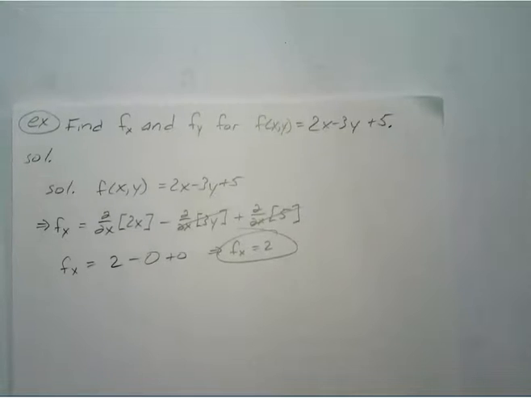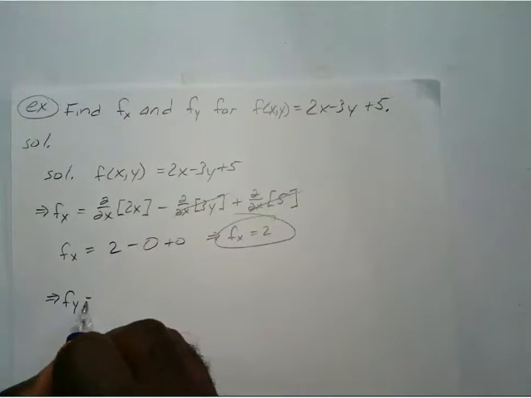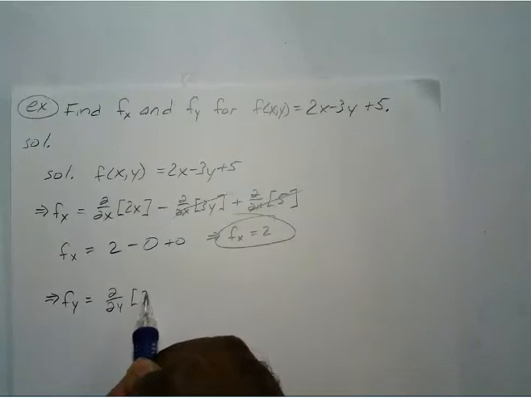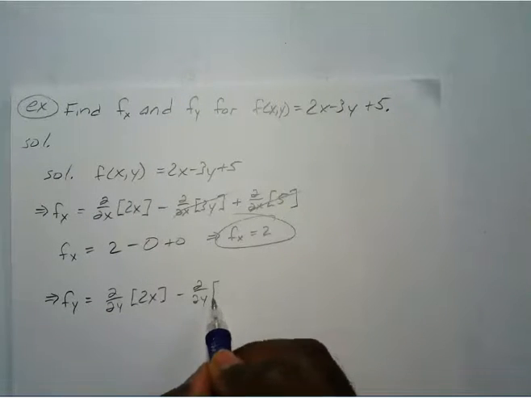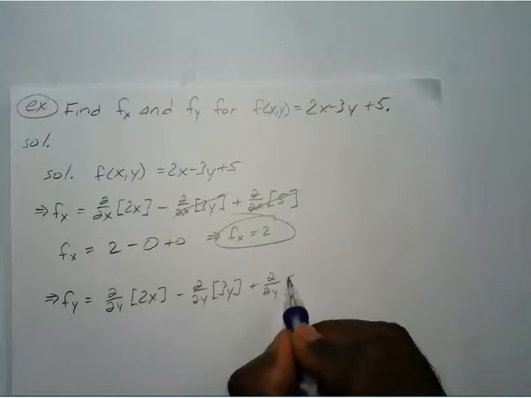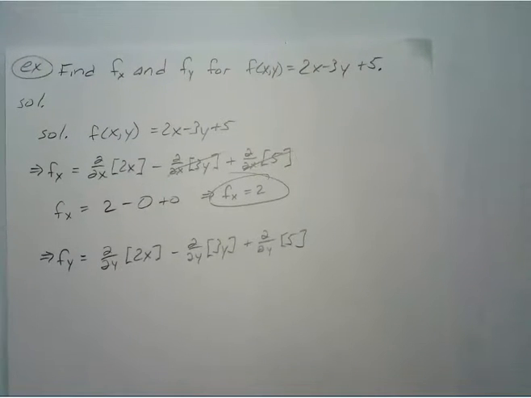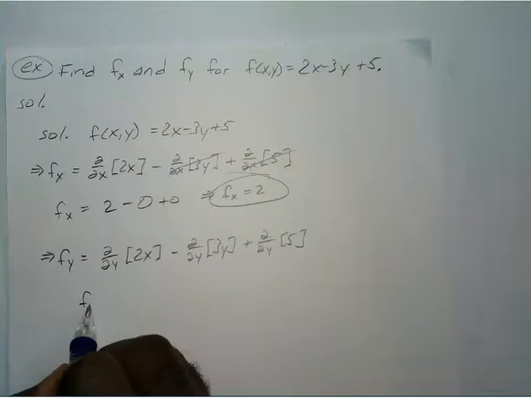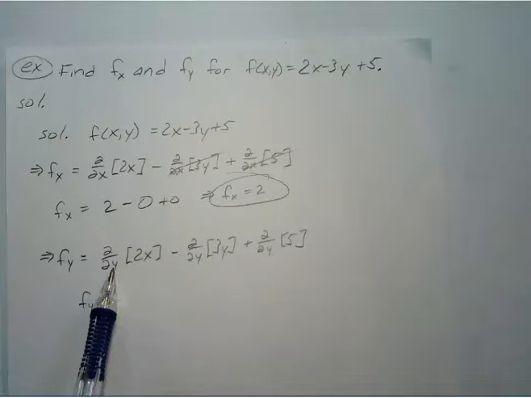Okay, so let's try the partial with respect to y. Your partial with respect to y is equal to the partial with respect to y of 2x, minus the partial with respect to y of 3y, plus the partial with respect to y of 5. Remember, now it's the partial with respect to y.